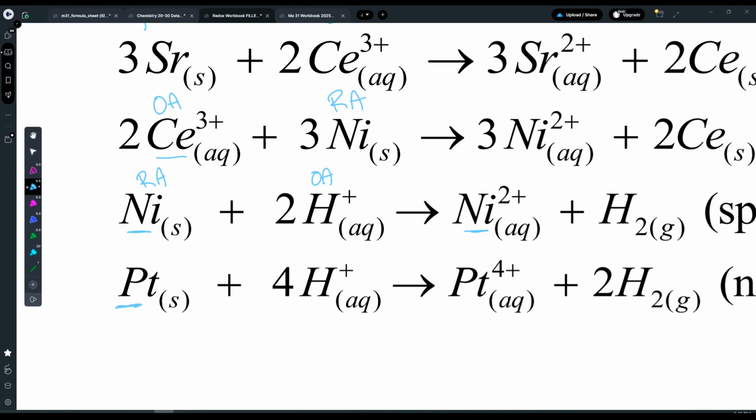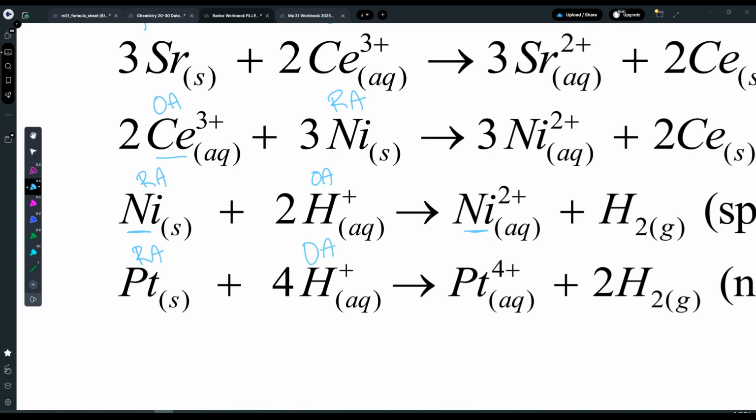Okay, we have platinum, goes from a neutral charge to 4+, so we're getting more positive. So you have to lose electrons to get more positive. Losing electrons is oxidation, reducing agent. So this has to be our OA.